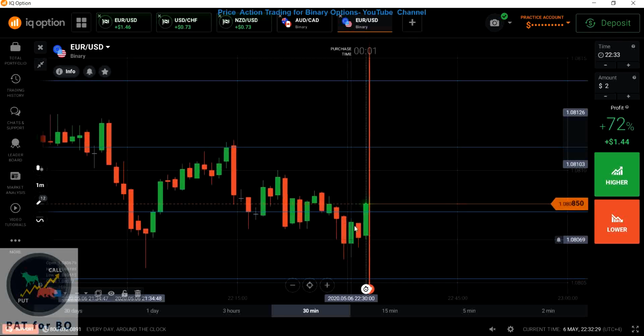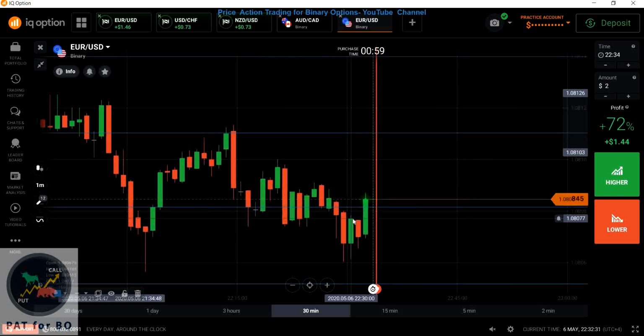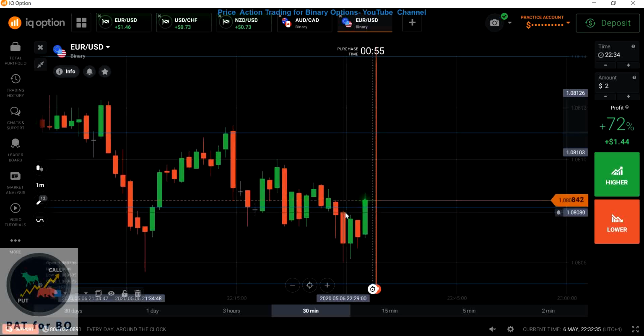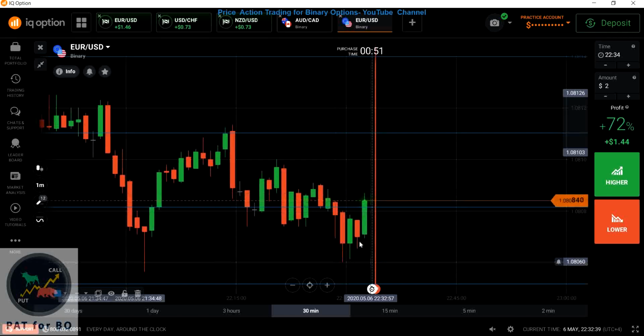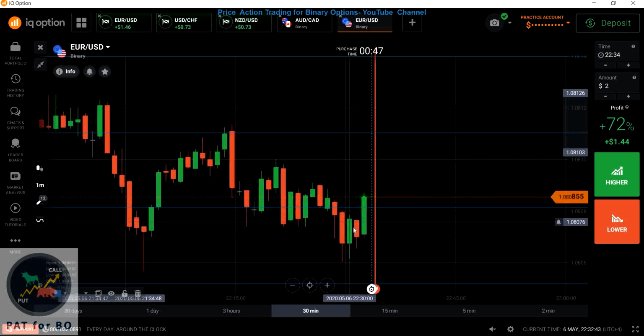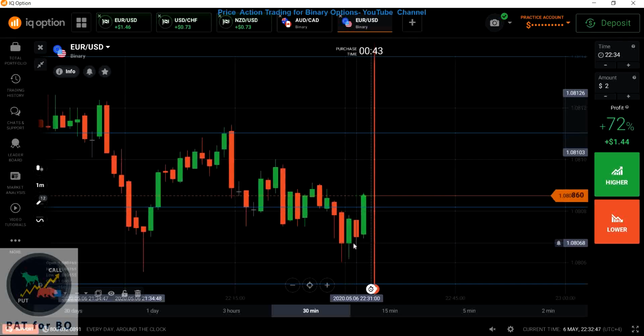You wait for the next candle to close, and you're seeing a green candle which has not crossed the open point of the previous candle. The trend is downtrend, so this is suspicious. Then you're seeing a red candle again which has not crossed the open point of the previous candle.